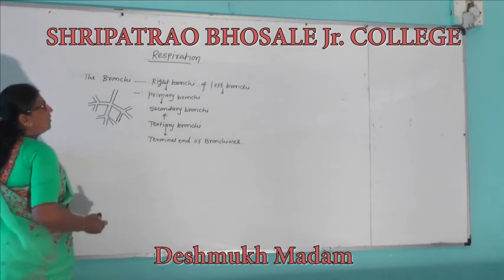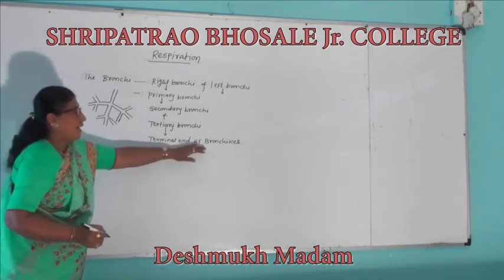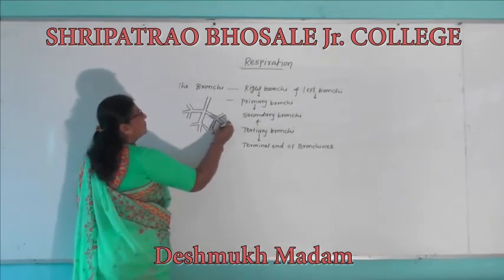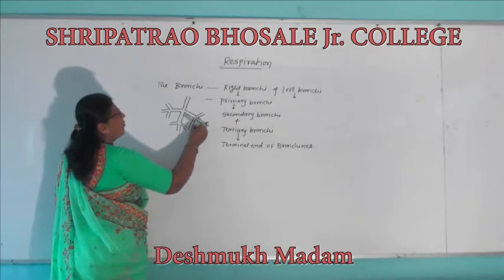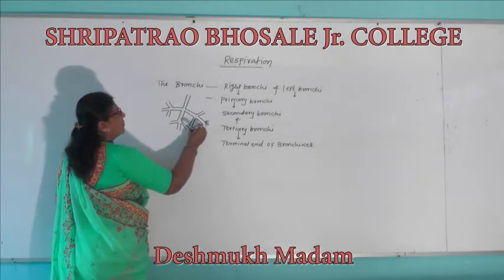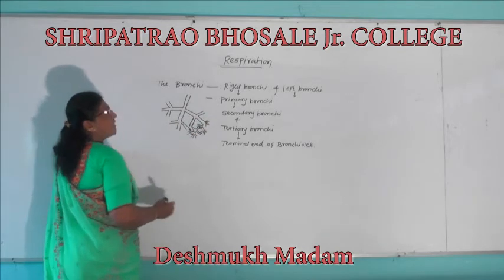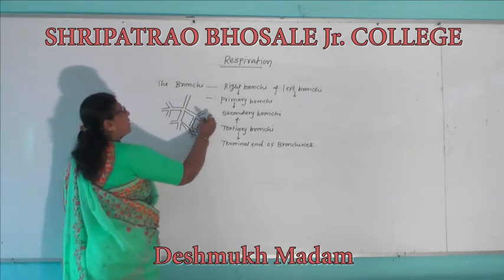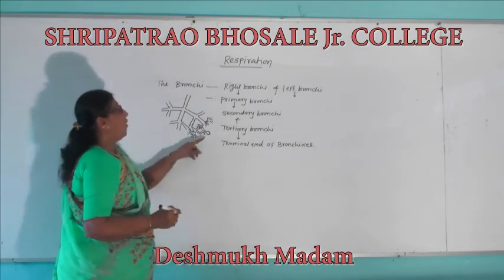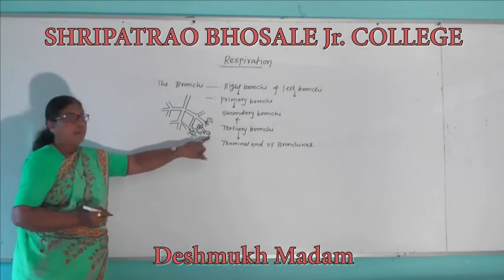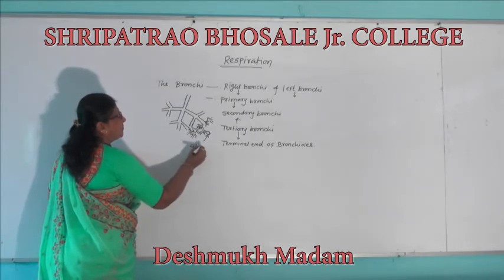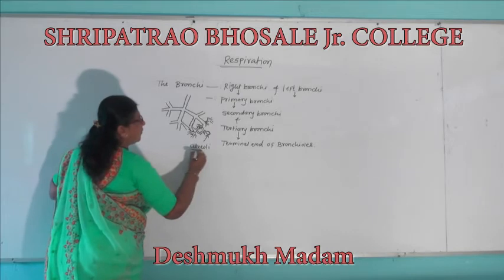At the end of tertiary bronchi, bronchioles end into air sac-like structures, like a bunch of grapes, at the terminal end of the bronchiole. This is called the alveoli.